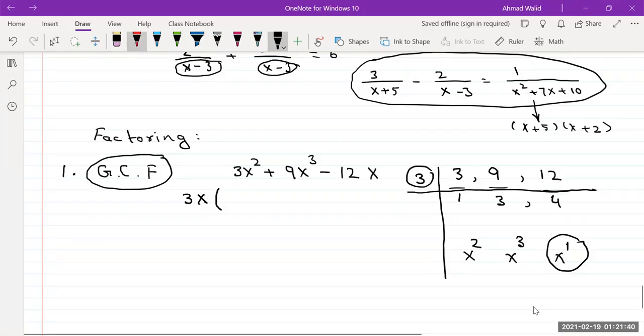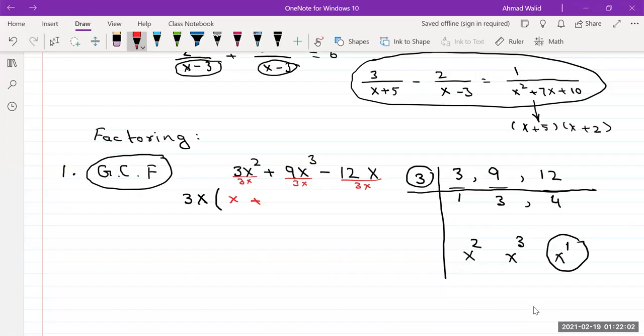What you should write inside the parentheses: you divide all terms by your GCF. All terms divide by GCF. 3x squared divided by 3x gives you x.